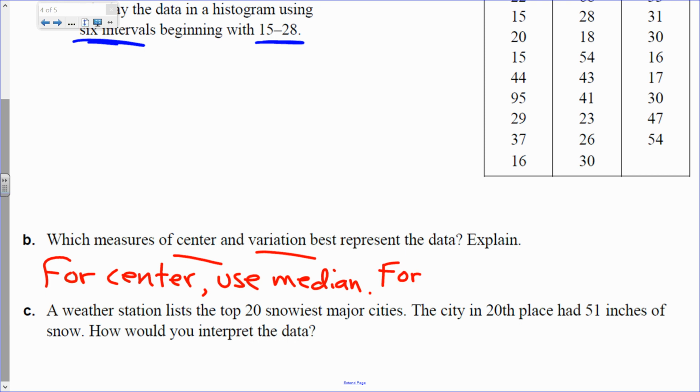For variation, and again, variation is just a fancy word for spread, comma, use 5-number summary. Forgive my chicken scratch writing. I have sloppy writing. It's actually a sign of intelligence, by the way. That's why you go to the doctor, it's all chicken scratch, the doctors.